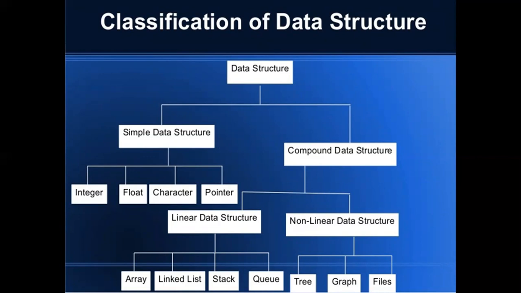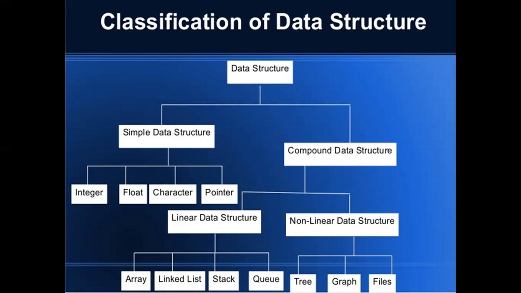Simple data structures, as you know already, are integer for numbers data, float for the real point data, characters for character data, and pointers also, like linked list data if you want to use. So these are the different data types. These are all called simple data structures.